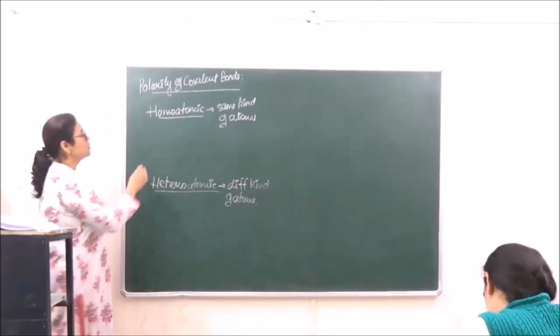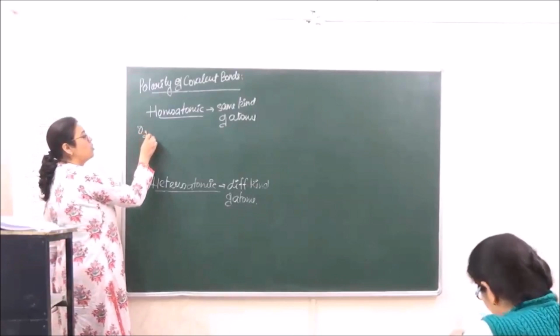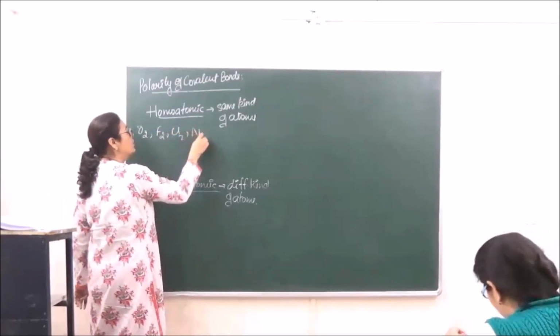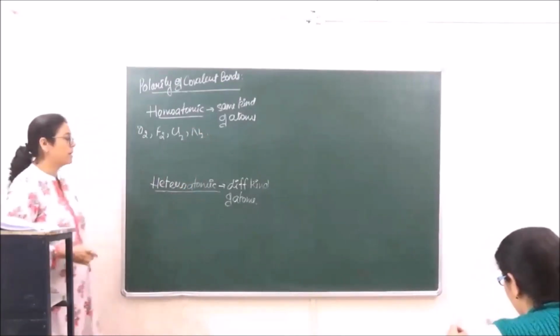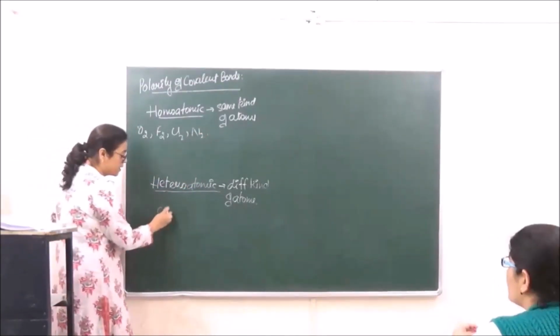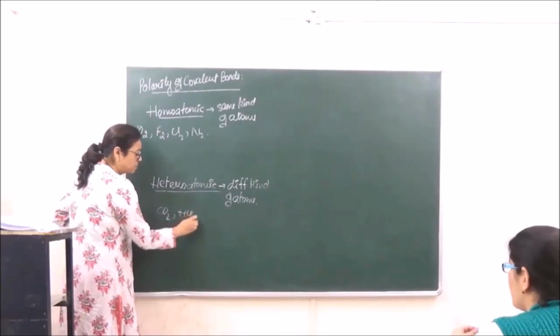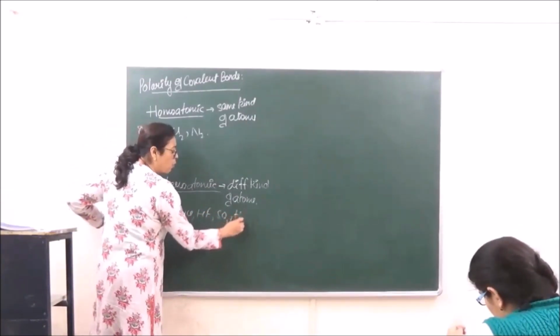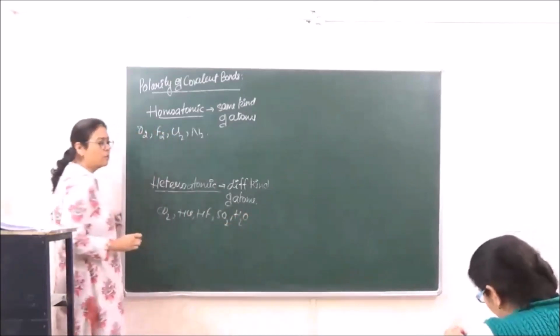Okay? So examples of homoatomic we can take are oxygen, fluorine, chlorine, nitrogen. All these are said to be homoatomic. Heteroatomic we can take carbon dioxide, HCl, HF, SO2, water. All these are heteroatomic molecules.